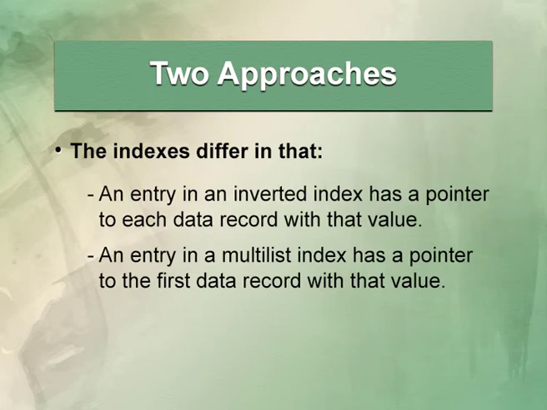Inverted index may have variable length entries, whereas a multi-list index has fixed length entries. Why? Because for each and every data record with the value, the inverted index has a pointer, and variable lengths can be maintained inside.